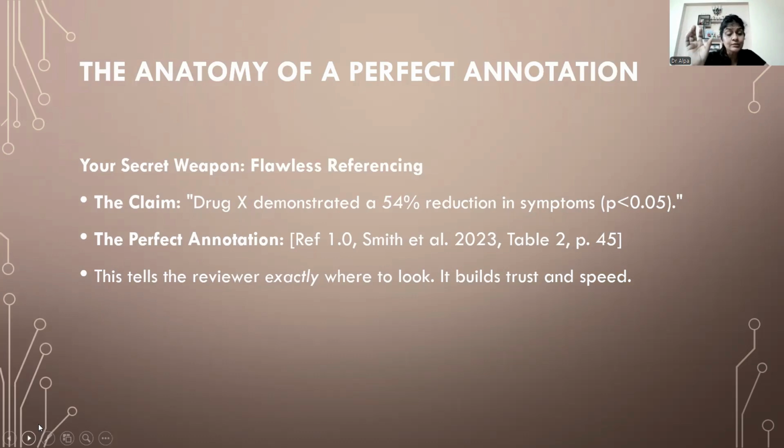If it is about a claim, like drug X demonstrated a 54% reduction in symptoms, which was statistically significant, the perfect annotation would look like this: exact page number, if possible even the table number, because this will tell your reviewer, it will save his time, it will give him the confidence in your data.